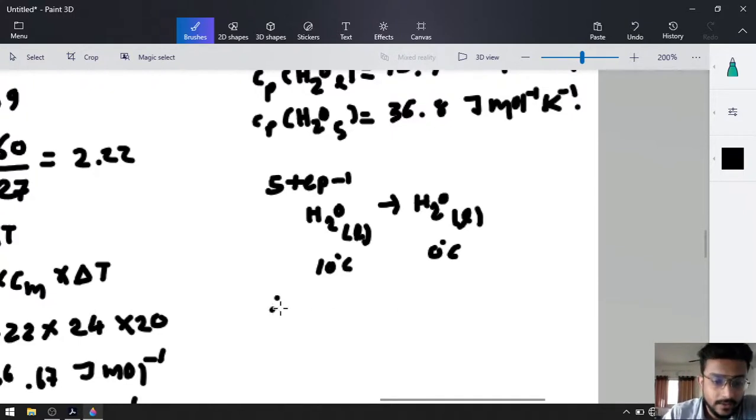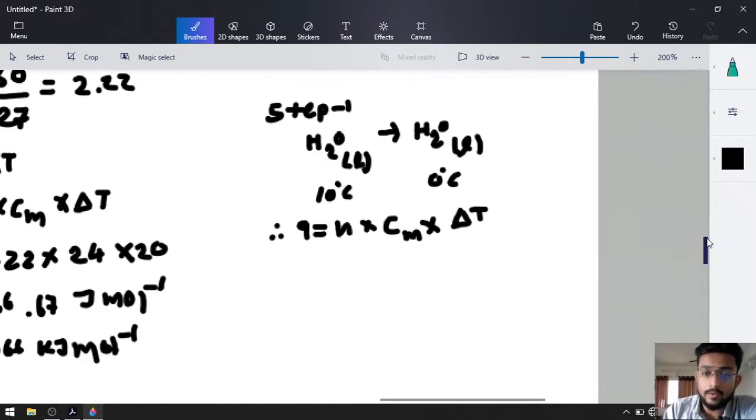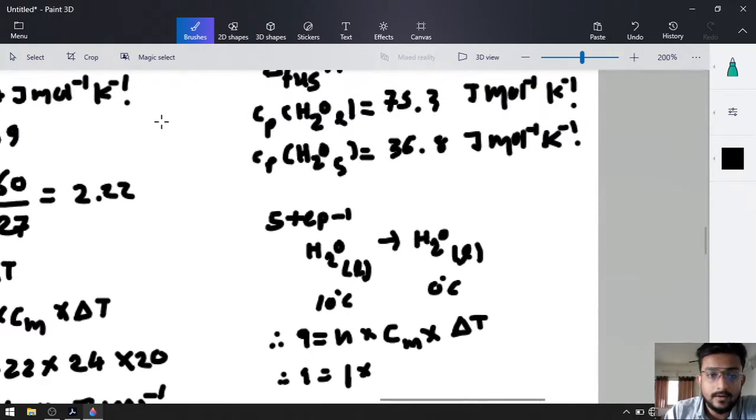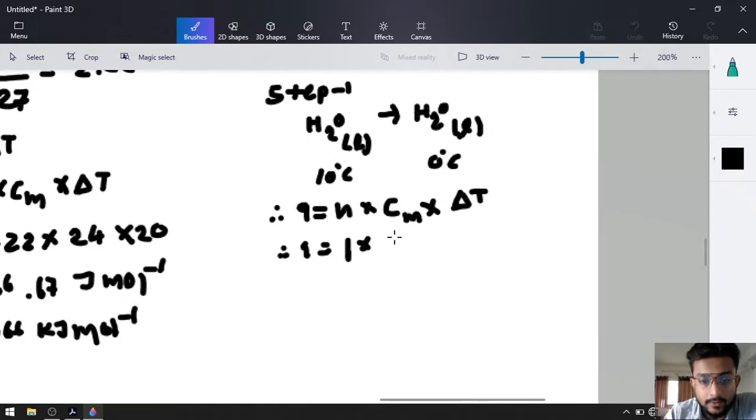For that we have to calculate Q. Q will be equal to n into Cm into delta T. Okay, number of mole, 1 mole of water is there, that's why Q will be equal to 1 into Cm, value of water liquid, it is 75.3 into temperature change 0 minus 10 degrees Celsius.